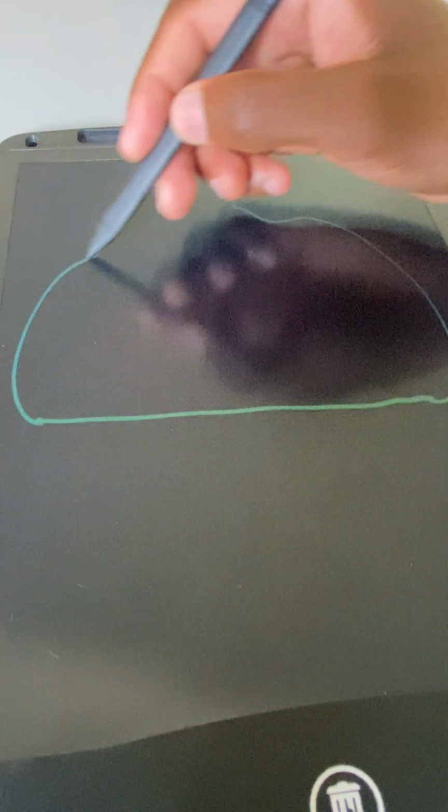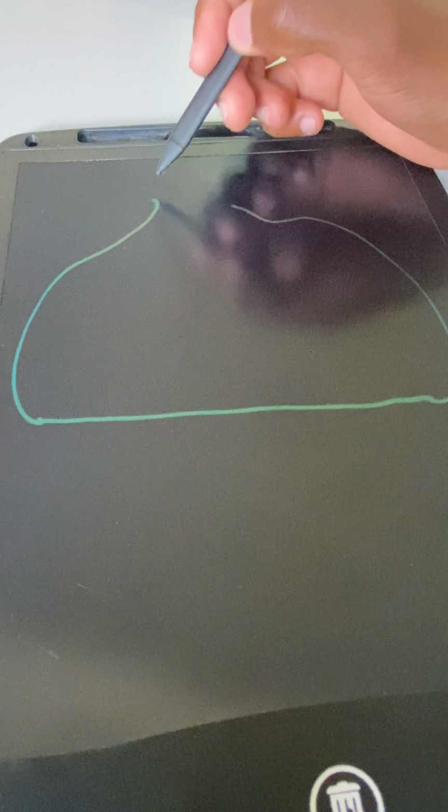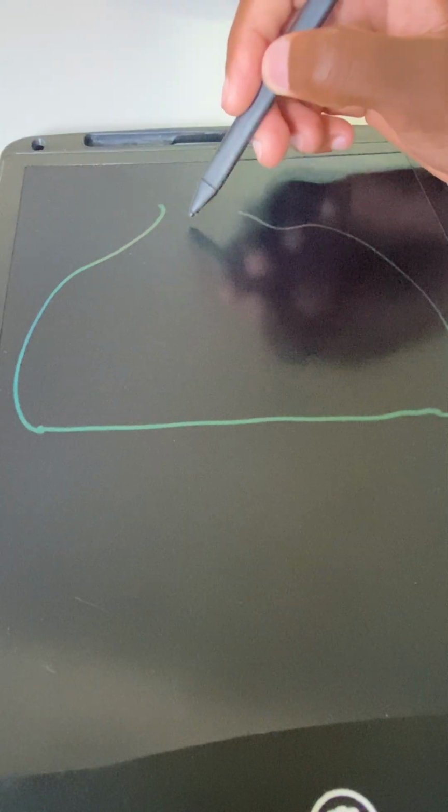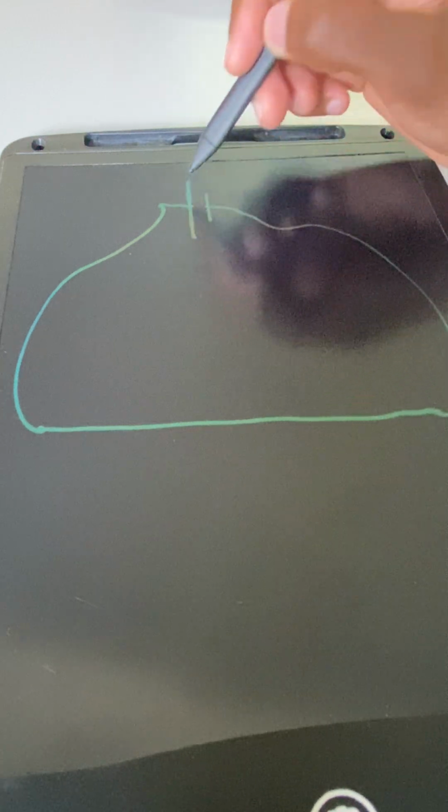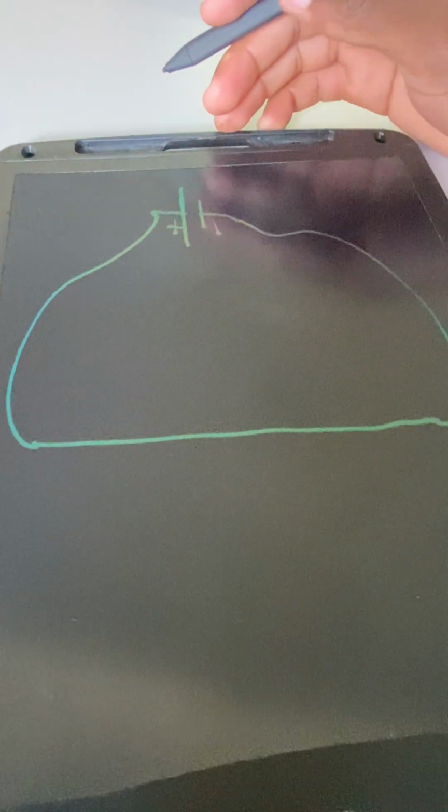One thing that I want you to do is imagine this is our wire, a current carrying conducting wire. Of course, this wire is connected to a power source, but we are looking at this part.